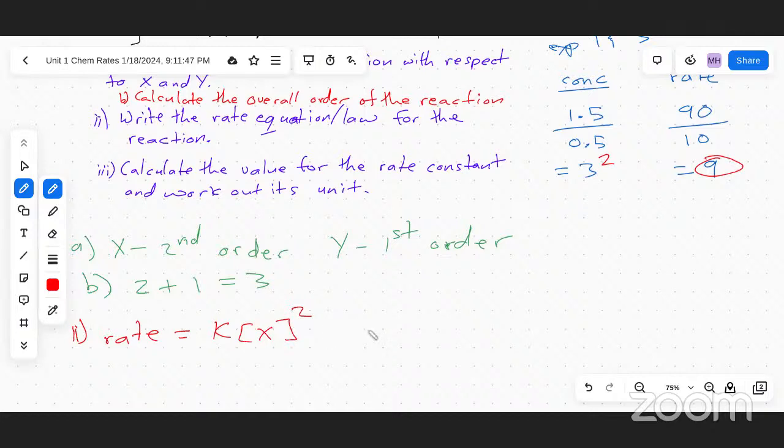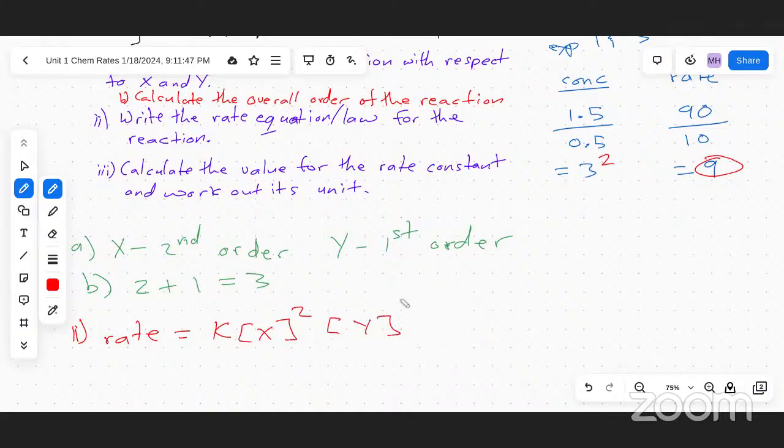Again, just in case anyone is seeing this for the first time, for the rate equation, rate is equal to K. K is always there, which is the rate constant. And the square brackets mean concentration, right? And the 2 is the order of the reaction, right? So K X squared times Y.